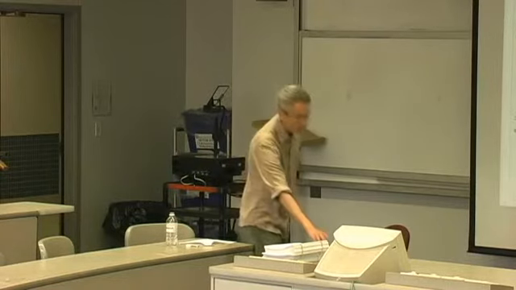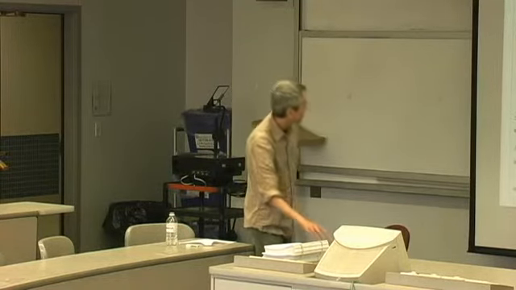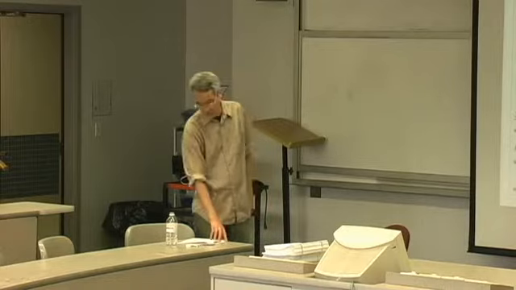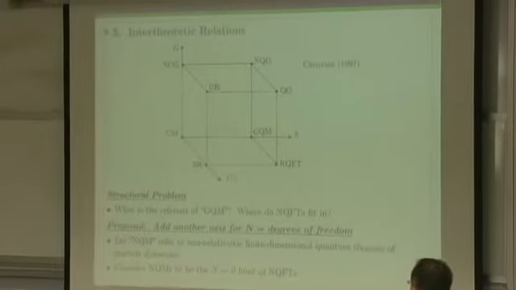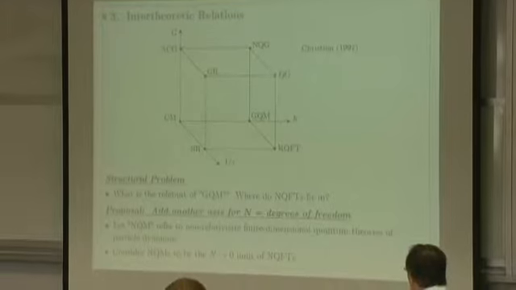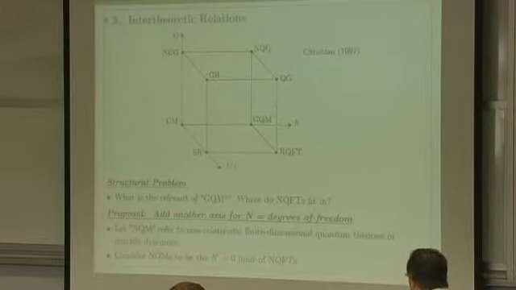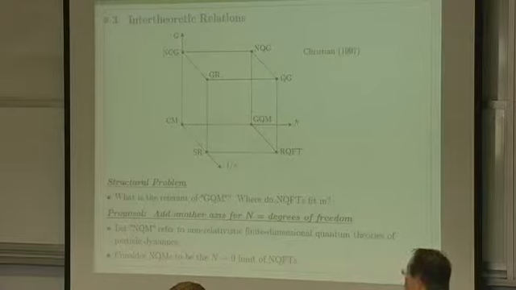So, naively, one way to fix these links is to add another axis to the monolith that would represent degrees of freedom. One might let NQM refer to non-relativistic finite dimensional quantum theories of particle dynamics, whereby particle in this context just means finite degrees of freedom.